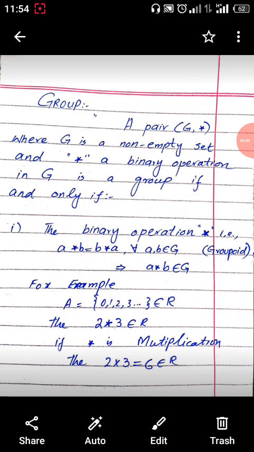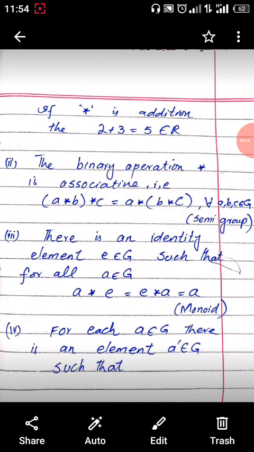The operator may be multiplication or addition. 2 * 3 means, if the operator is multiplication, 2 multiplied by 3 is 6, and we know that 6 also belongs to the real numbers. If the operation is addition, then 2 plus 3 is 5, and 5 belongs to the real numbers. It means that this set is closed.